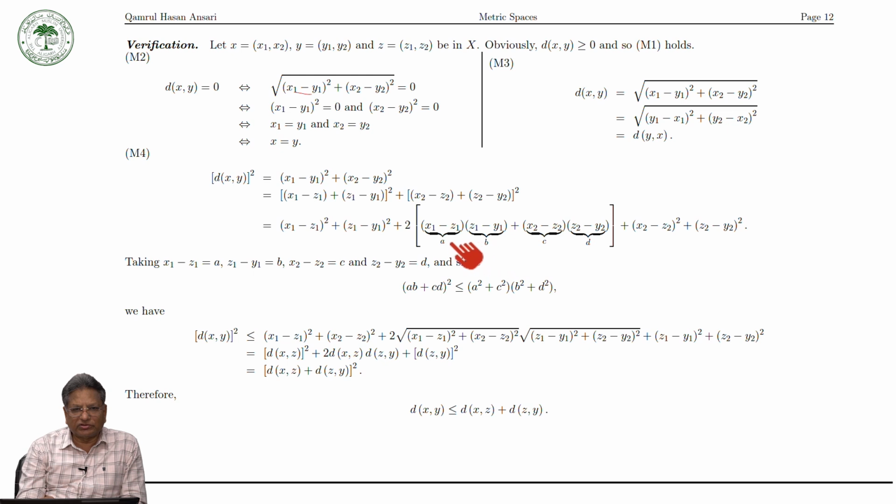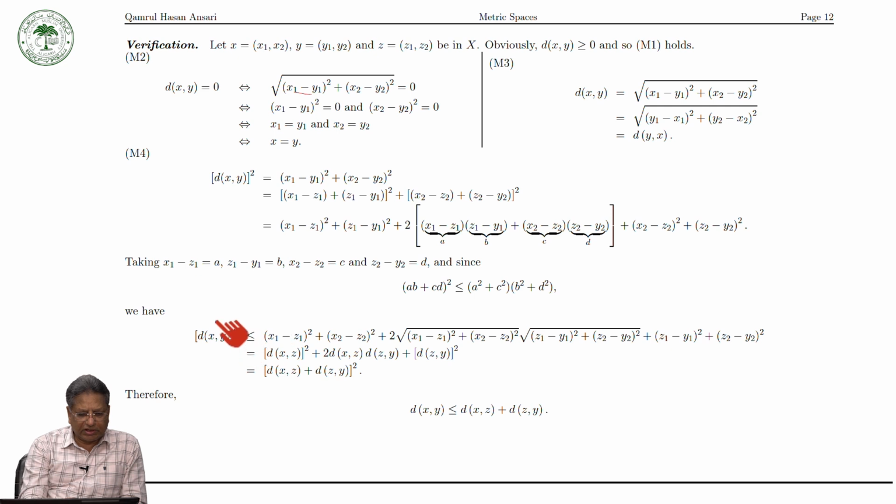So AB plus CD is less than or equal to the square root of (A square plus C square) into (B square plus D square).